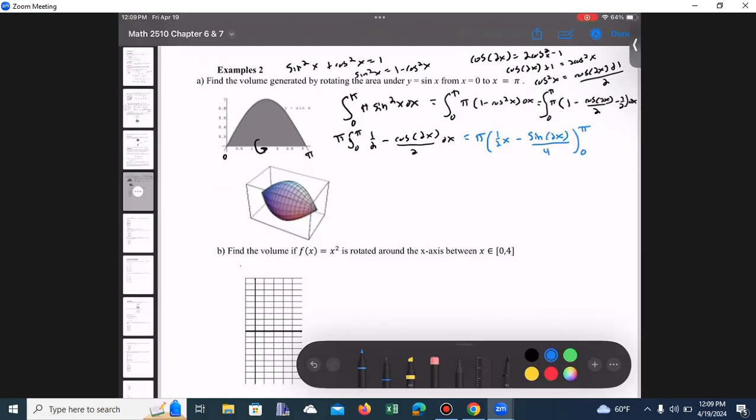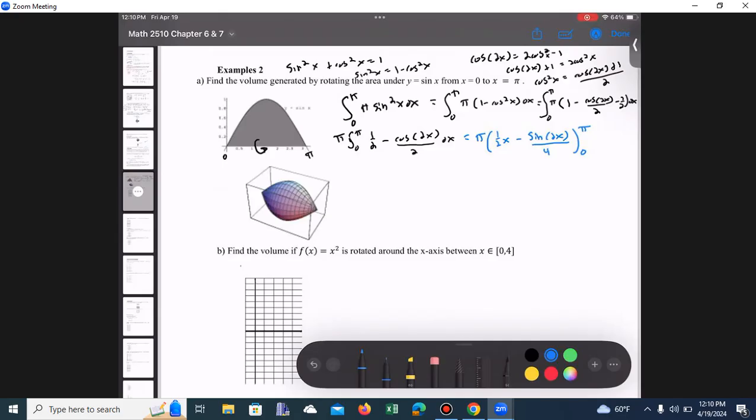The antiderivative with 1 half is easy. We take the derivative of that, we get 1 half back. If we take the derivative of sine of 2x over 4, you'll get cosine of 2x over 4. Then you multiply that by 2 because of the inside chain rule, and that drops that denominator down to 2. So you end up with cosine 2x over 2. That's why there's a 4 there, to account for that 2x.